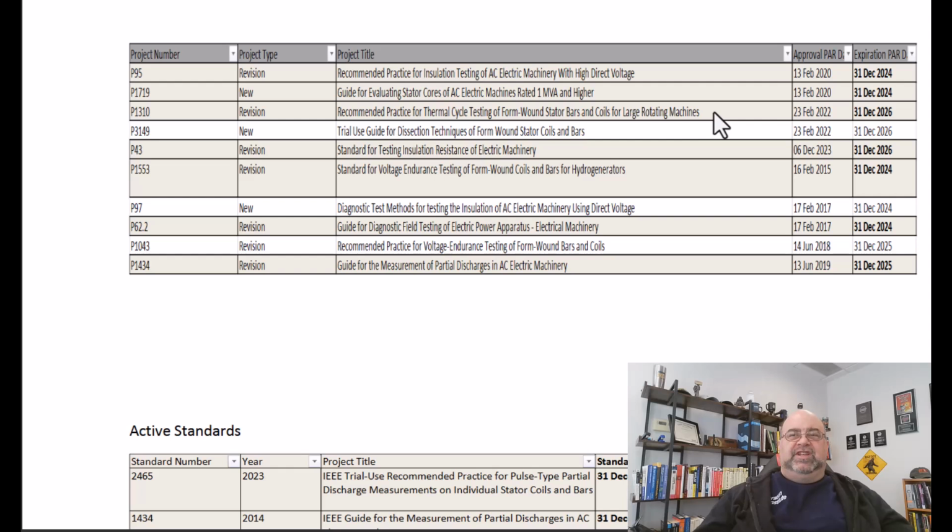So in 1310, there's a list of tests that are performed at different stages of thermal cycling, and they're not necessarily required tests. They're tests that are used to get certain information.